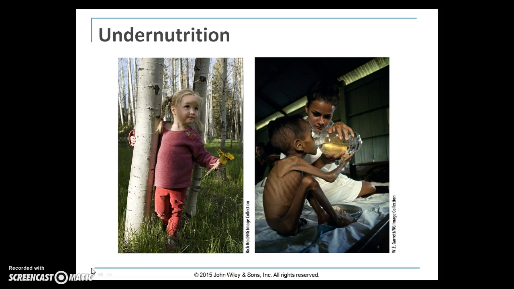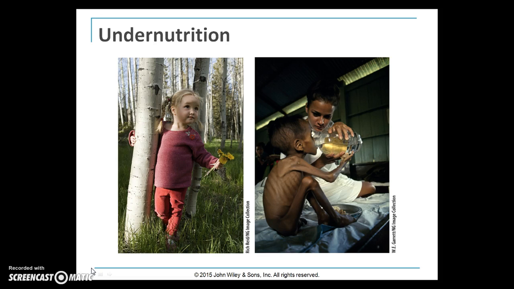Overnutrition, that's what we term as an excess intake of calories or nutrients. So the child on the left, even though she looks normal and healthy, has low iron stores. If the iron content of her diet is not increased, she'll eventually develop iron deficiency anemia.